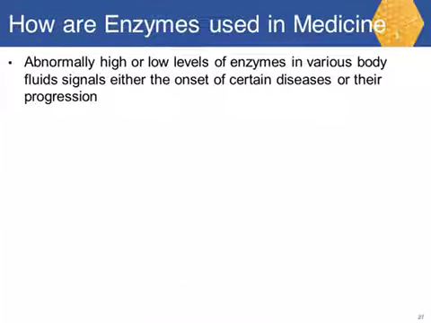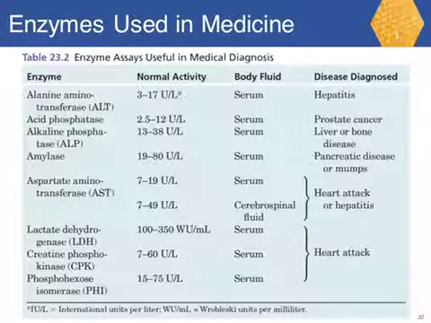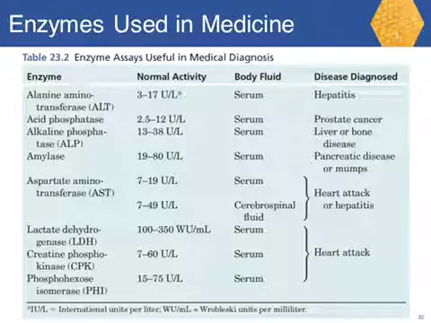Abnormally high or low levels of enzymes in various body fluids signal either the onset of certain diseases or their progression. And I mentioned this earlier in the video with the prostate gland and cancer. So here are some of those different enzymes.